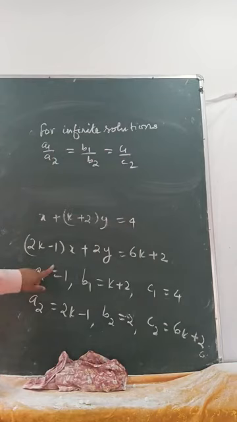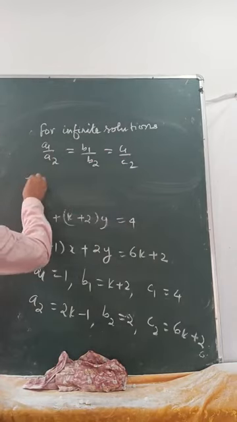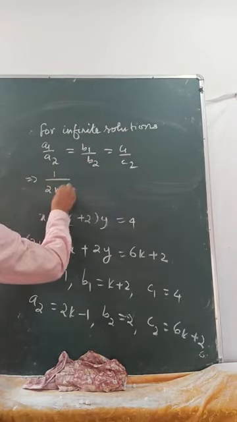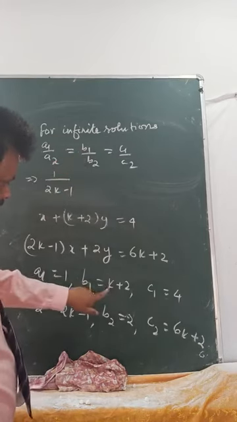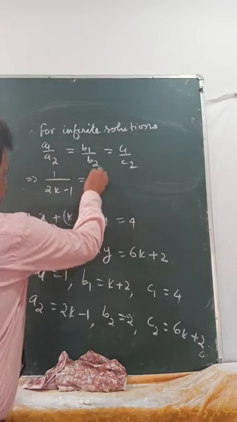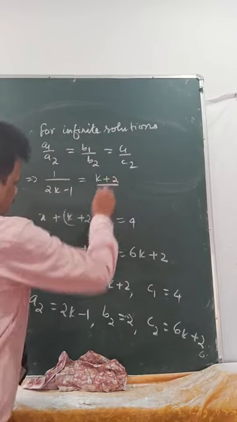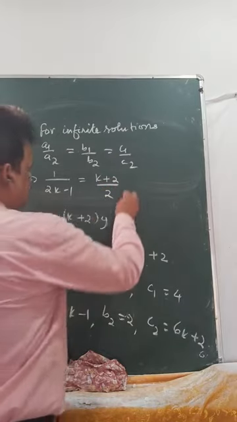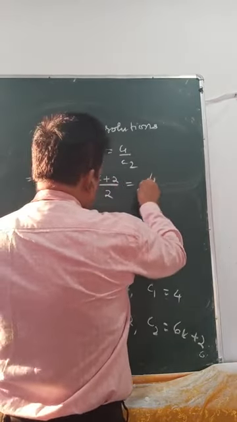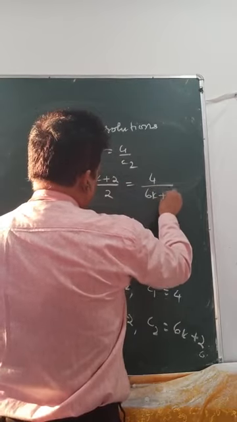So I put A1 by A2 means 1 upon 2k - 1, B1 by B2 is (k + 2) divided by 2, equals 4 by 6k + 2.